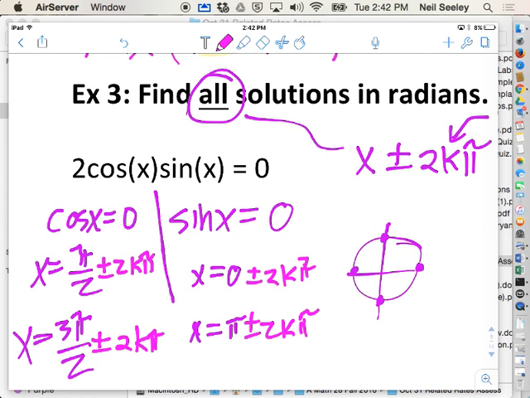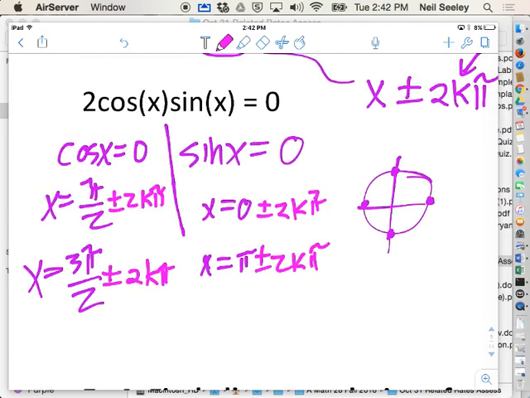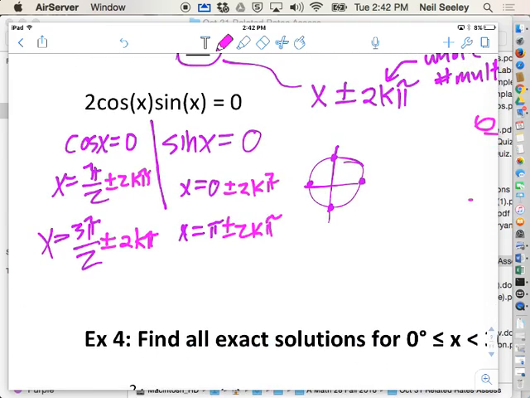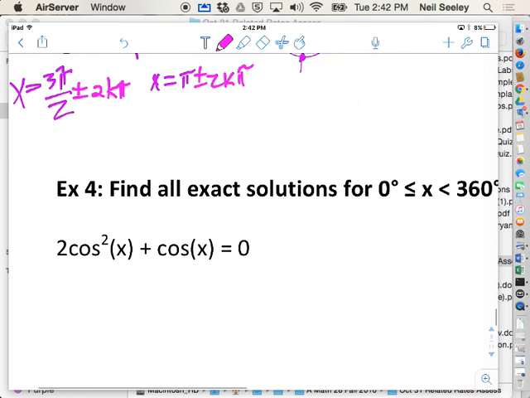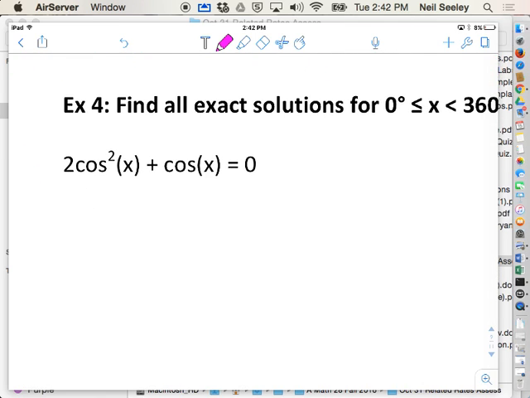If you're feeling like, hey, aren't those also pi apart? Could I just say 0 plus or minus k pi because all of these are pi apart? Sure. Again, very elegant, but it does the job to leave it like it is. You don't need to. We like elegant sometimes.